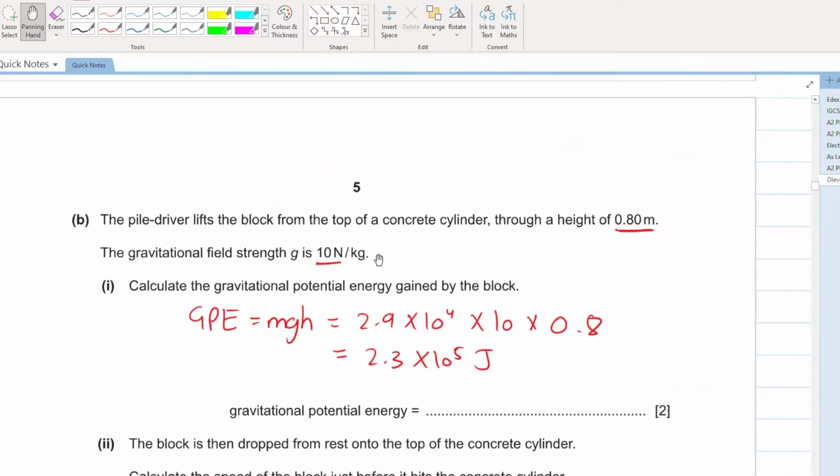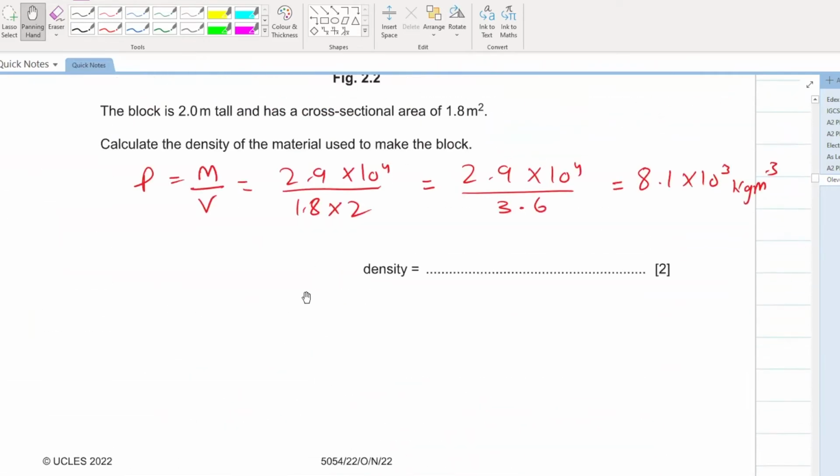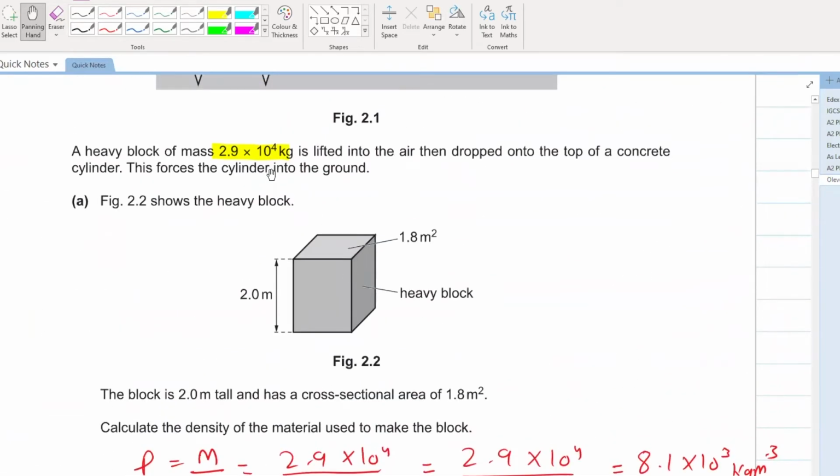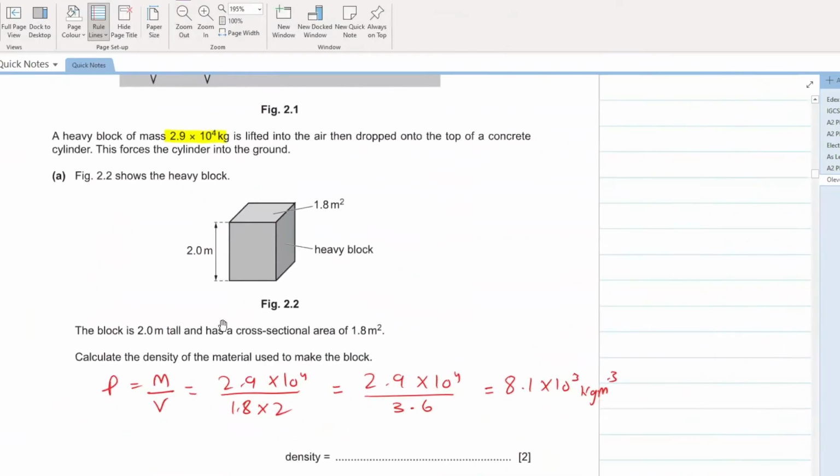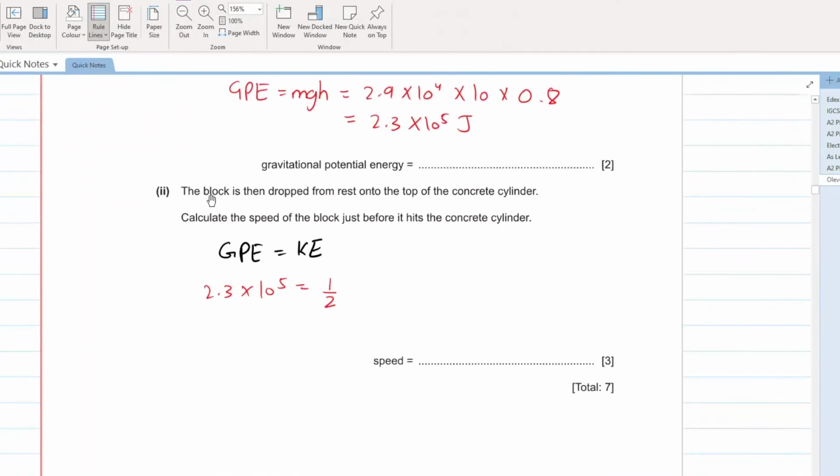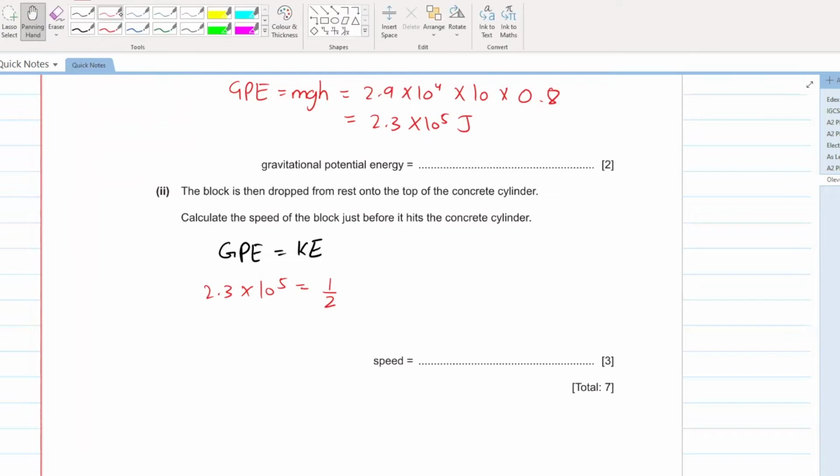What is the mass? Were we given the mass of the block? Yes, the mass of the block was 2.9 into 10 raised to the power of 4. So let's write it: 2.9 into 10 raised to the power of 4 into velocity square. Can you calculate the value of velocity? Yes, the value of velocity comes out to be 4 m s^-1.